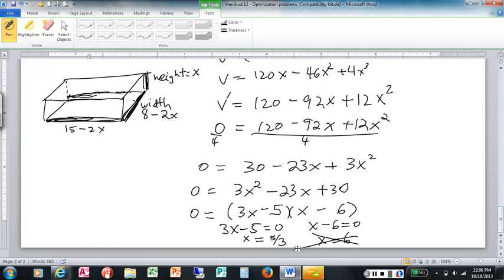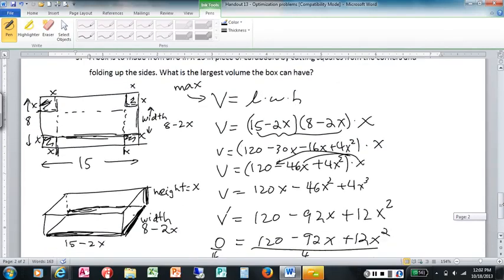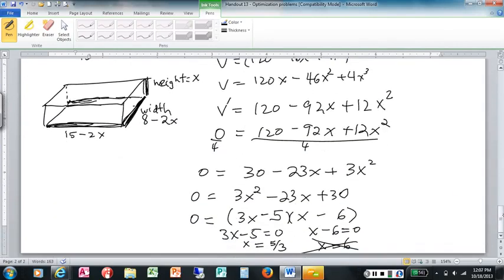See why? I can't let x be 6 because that would make one of my dimensions 8 minus 2x. And 8 minus 2x, if x is 6, would be negative 4. That's why x can't be 6. Because the width wouldn't work out.